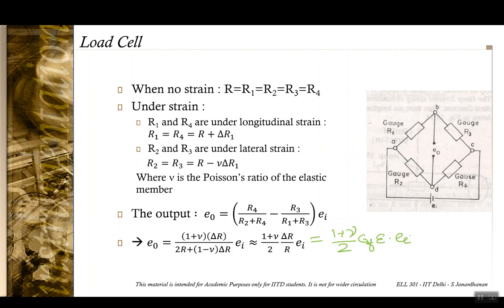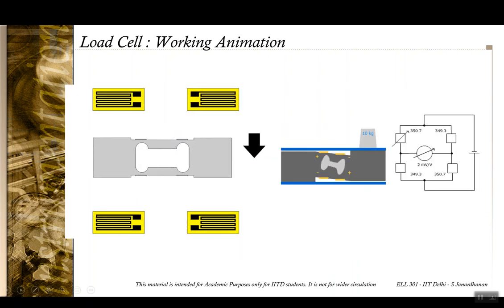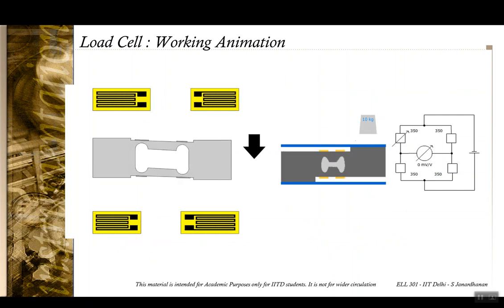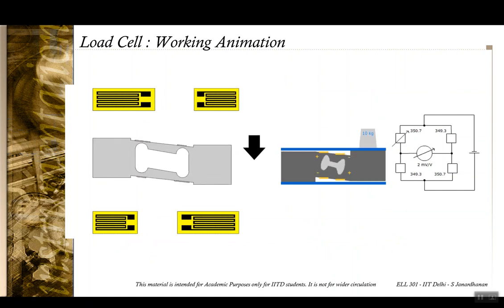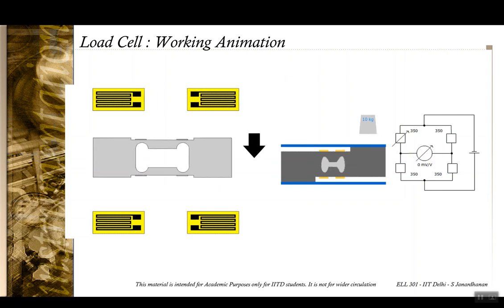The amount of strain can now be calculated and related to the output. Here we have a picture of how this happens. When a force is applied, two of the arms are in tension and two of the arms are in compression, and that gives us a reading.